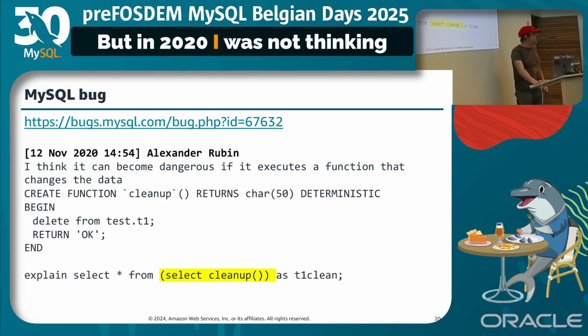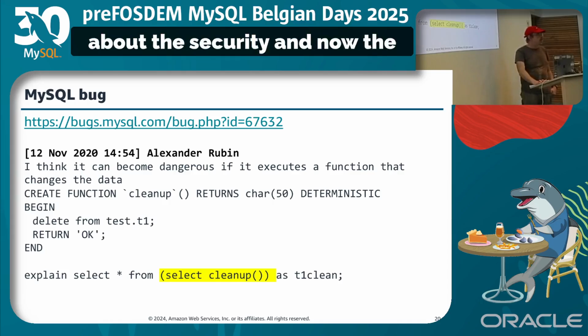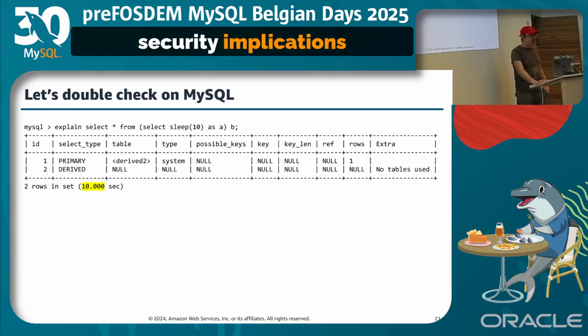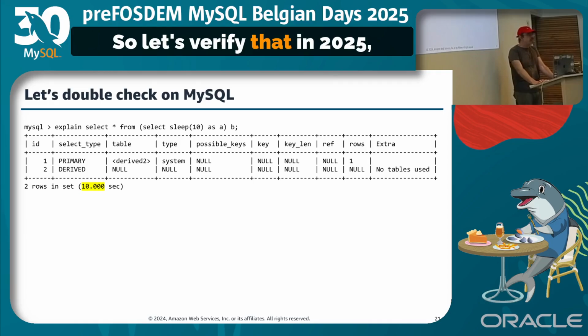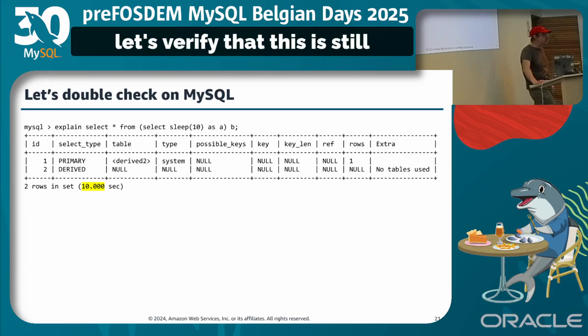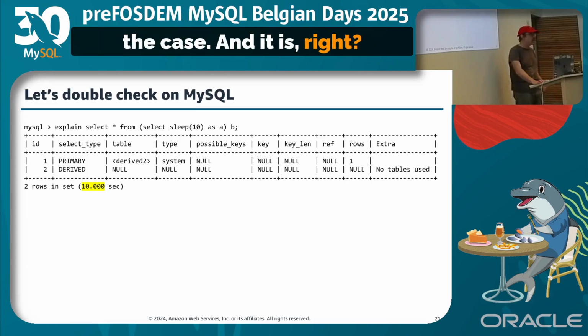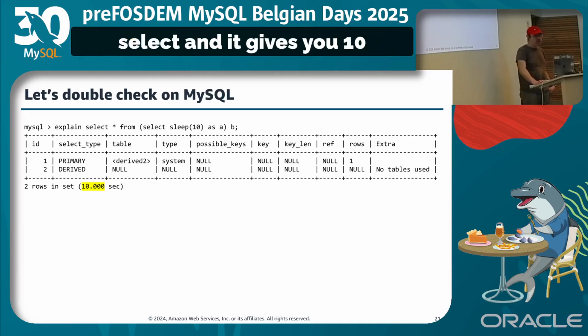But in 2020, I was not thinking about security. And now the security implications are actually big. So let's verify in 2025 that this is still the case, and it is. You run explain select, and it gives you 10 seconds. So it's still there.